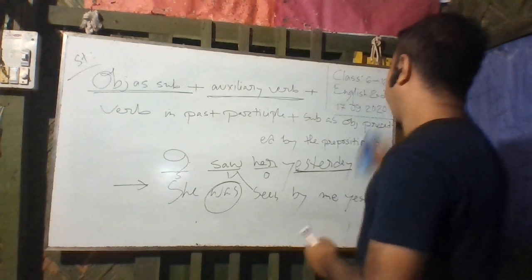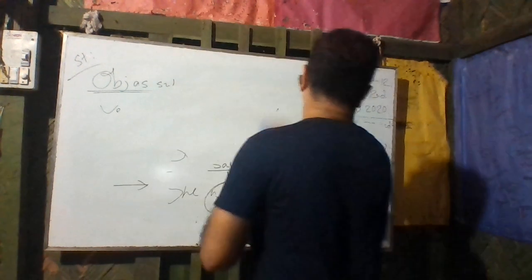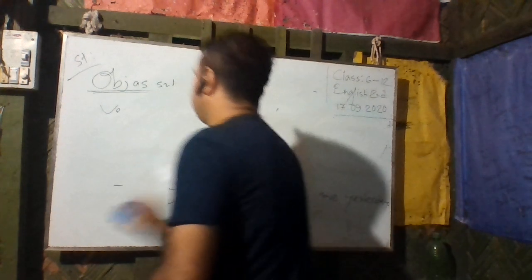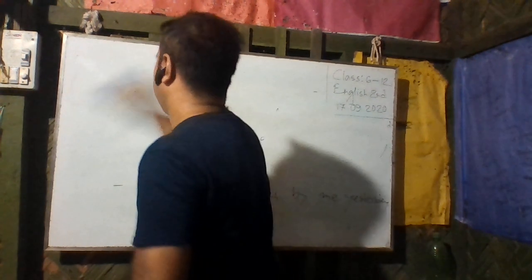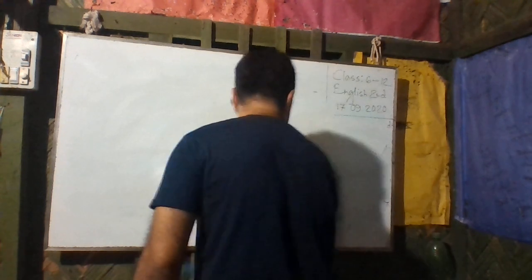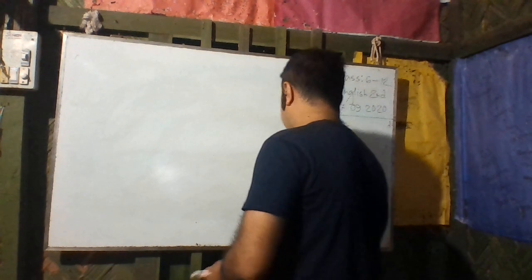For that I have made a chart for you. Use of auxiliaries, use of verb in the active sentence and the passive sentence. I have prepared a list here. Look at the chart.